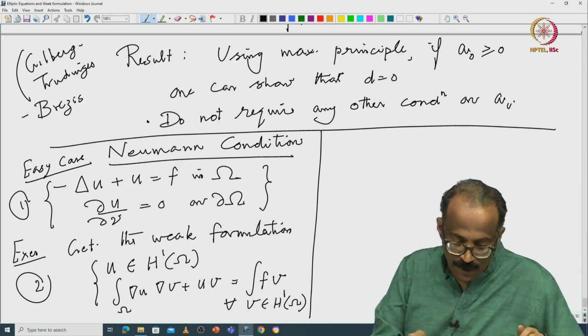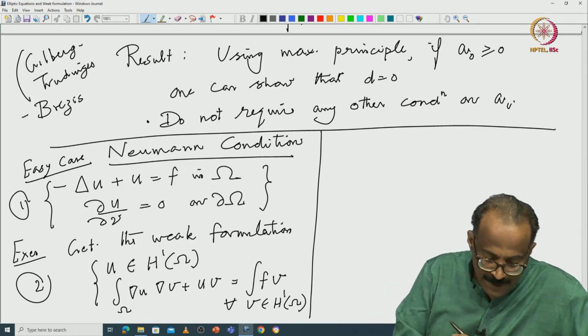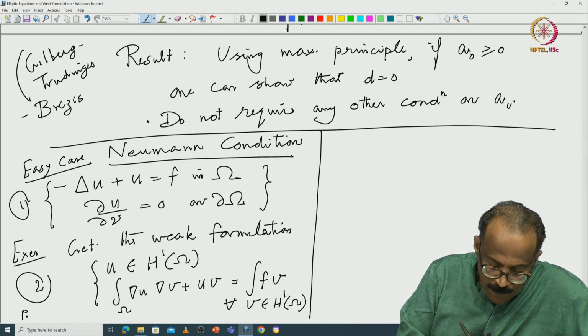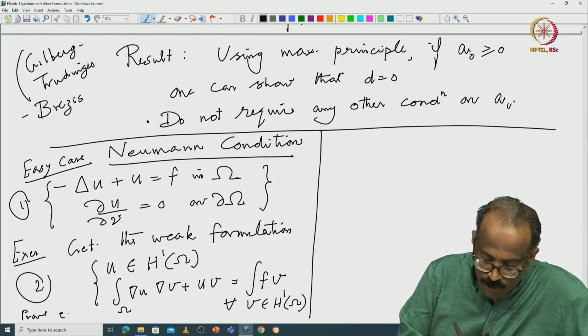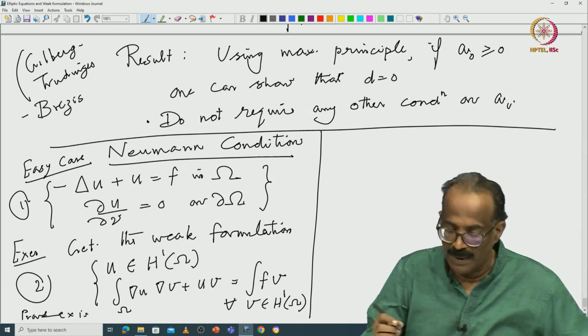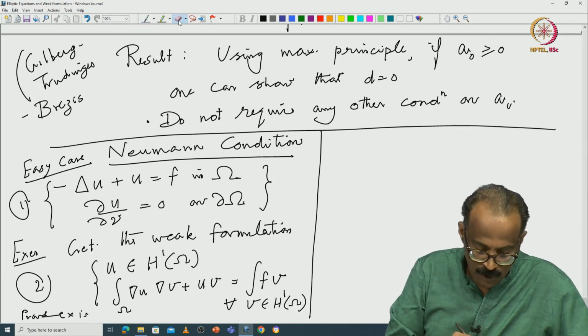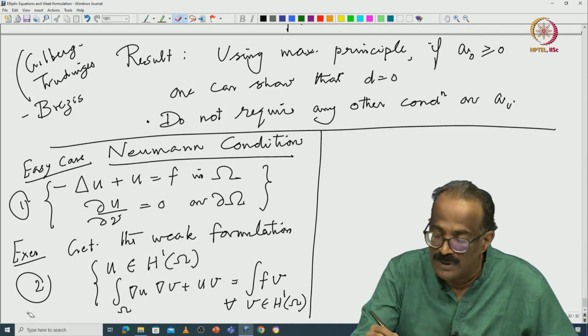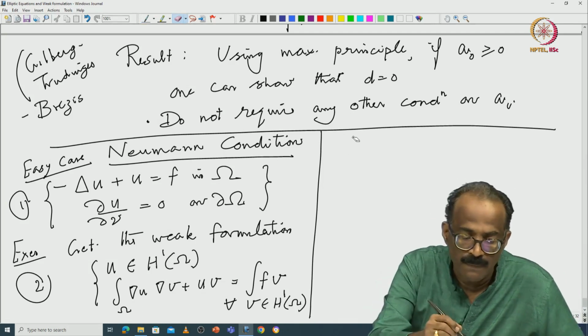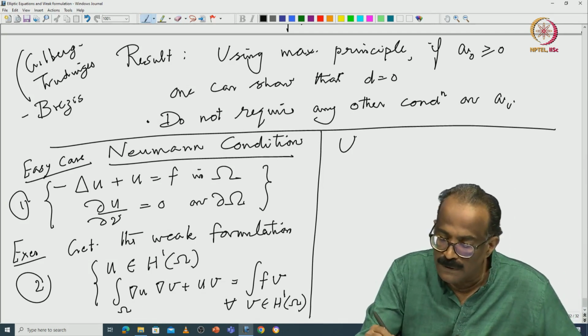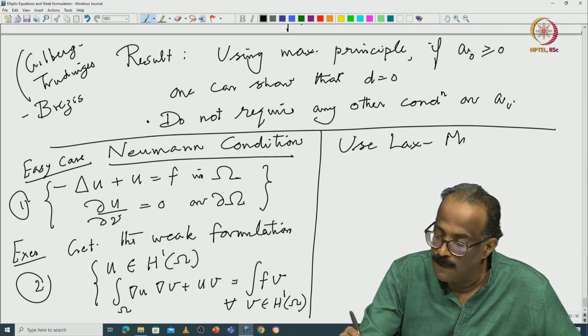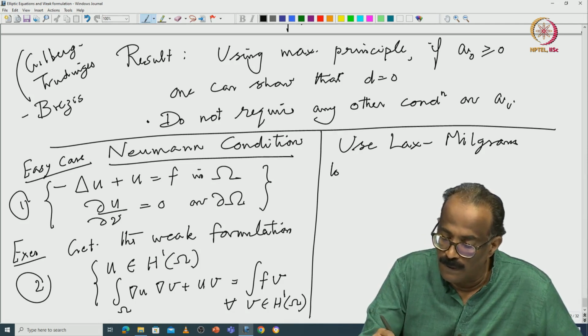All right. And what is the proof of existence and uniqueness? Maybe I will illustrate. The exercise is to use the Lax-Milgram lemma to prove well-posedness.